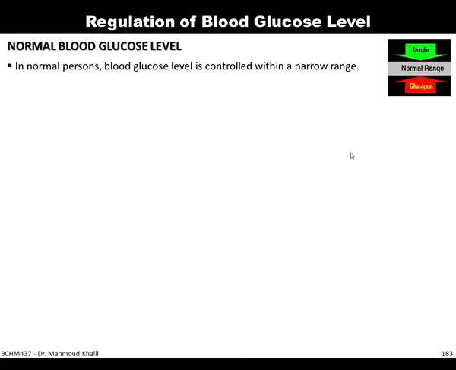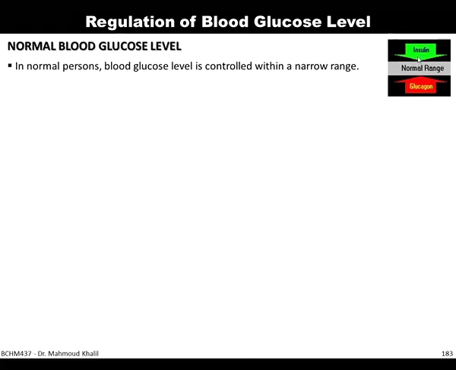So let's see here how the blood sugar level is regulated. For regulation of the blood glucose level, as you can see here, the normal range is controlled mainly by insulin and glucagon.